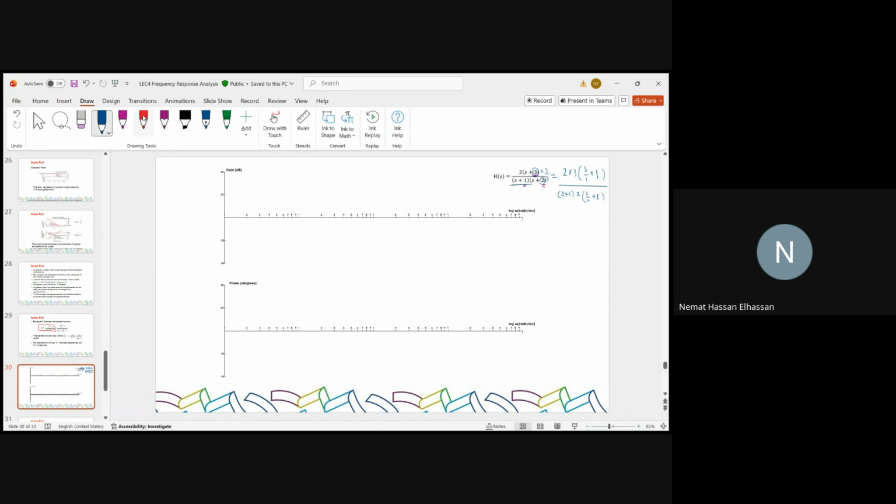And then if I look at these terms, I'll notice that the 2 at the numerator counters the 2 in the denominator, and then the expression that we have left is h of s is equal to 3 times s over 3 plus 1 divided by s plus 1 times s over 2 plus 1. So this is the format that I want to work with.